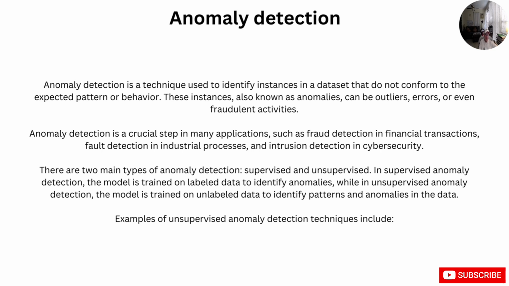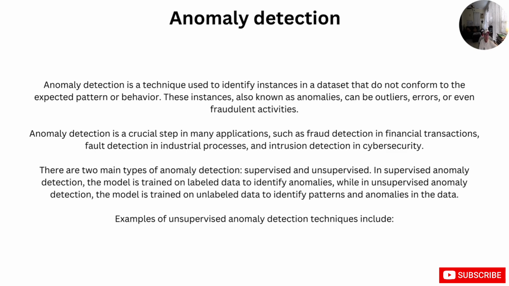There are two main types of anomaly detection: supervised and unsupervised. In supervised anomaly detection, the model is trained on labeled data to identify anomalies, while in unsupervised anomaly detection, the model is trained on unlabeled data to identify patterns and anomalies in the data.